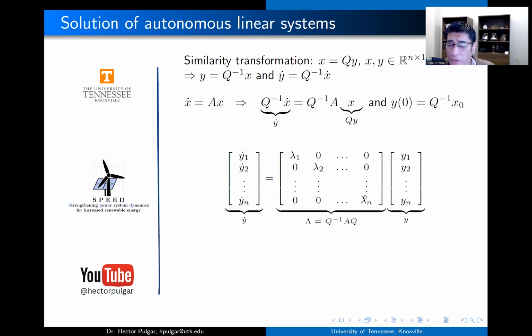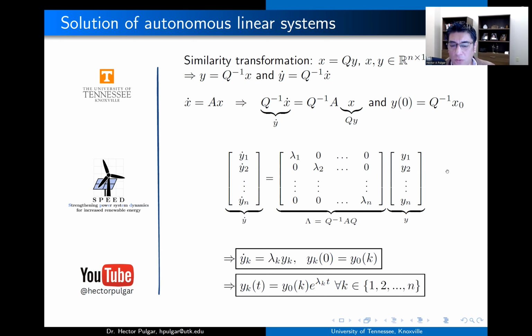Because this matrix is now diagonal, the set of equations we obtain here are decoupled. For example, for the first variable, y1 dot is equal to lambda 1 times y1. You can verify for the second variable, all the way to the last variable, that we have the same relationship.